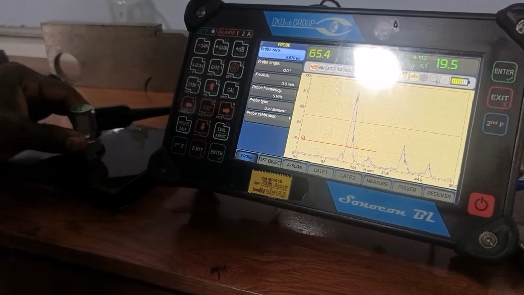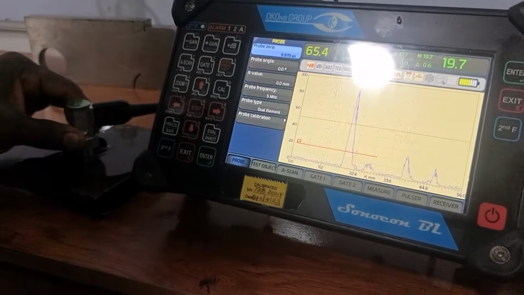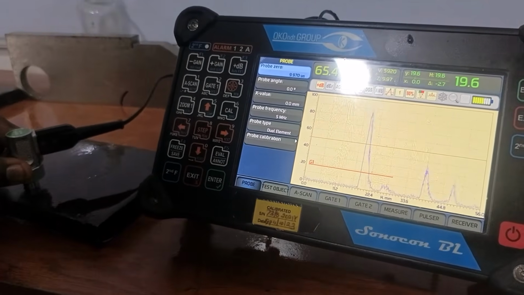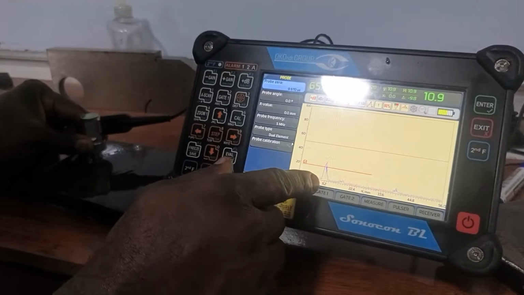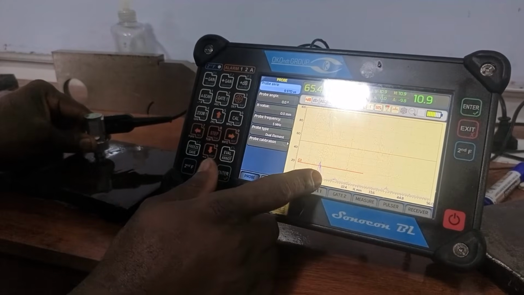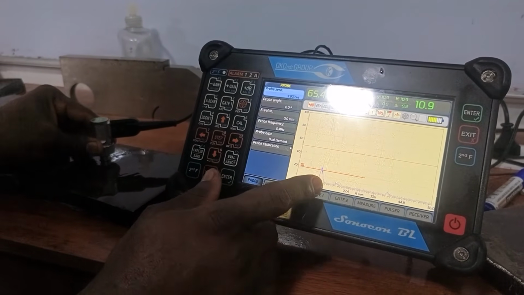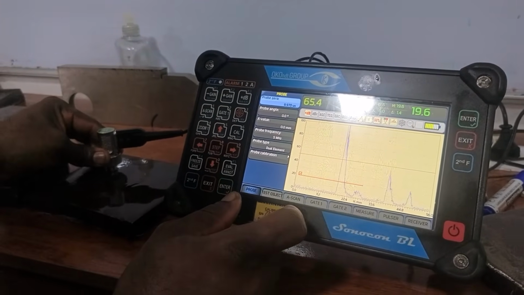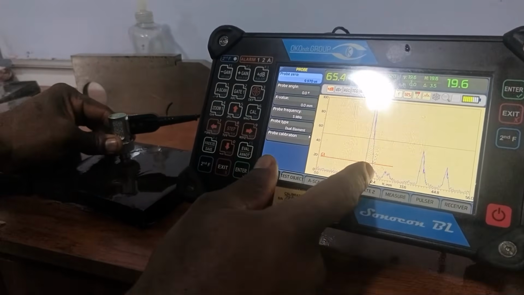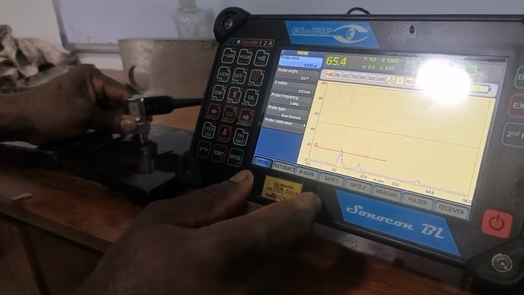Now, if I come to this one, this is my typical back wall echo. If I scan around, this is my typical back wall echo. But if you look at this point, you see a much smaller amplitude echo that is still coming before the back wall echo. However, the way you look, you see this back wall is here. Now there is no back wall.